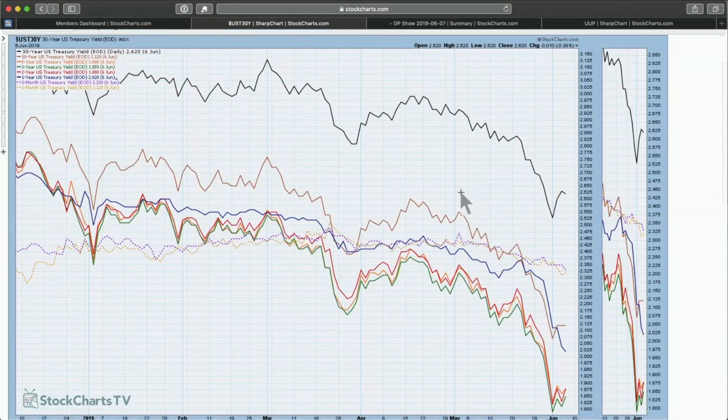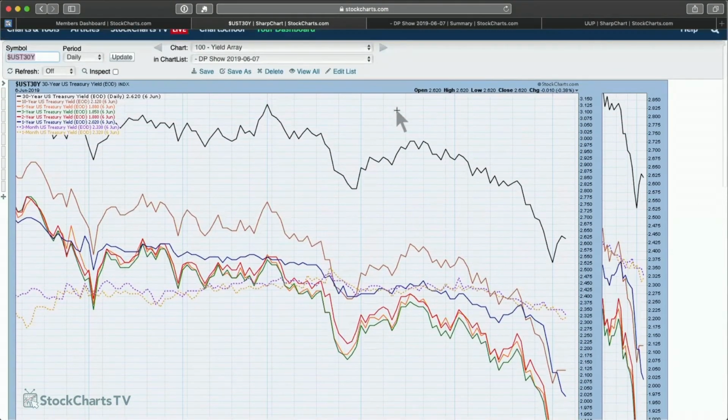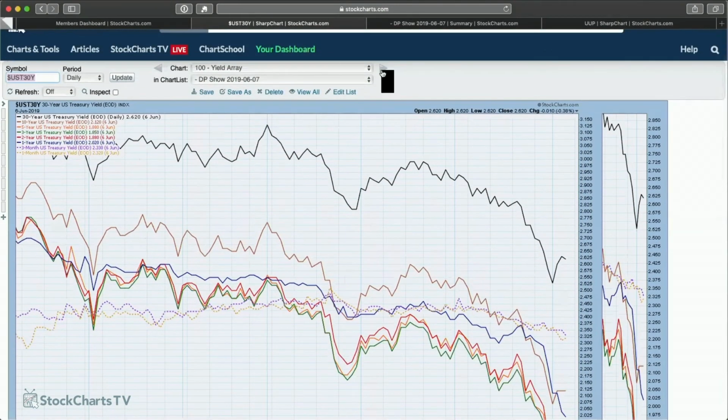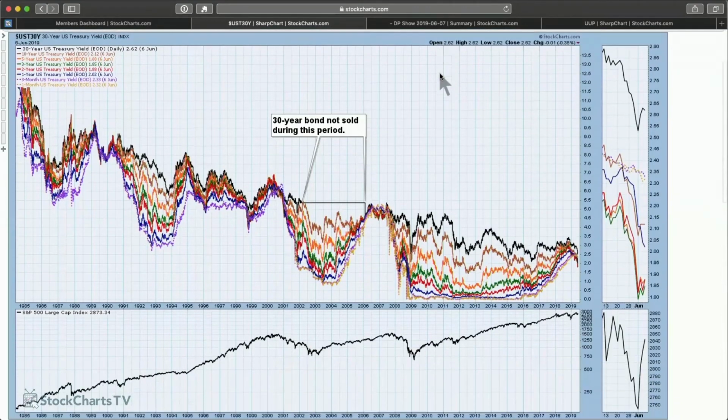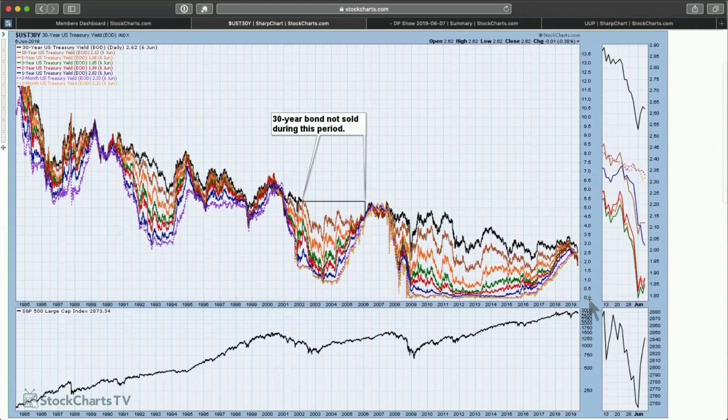Wow. Next one. This is the pretty one. Same chart over 35 years. What I wanted to demonstrate here was the compression that we have currently, and the rates are starting to correct downward.